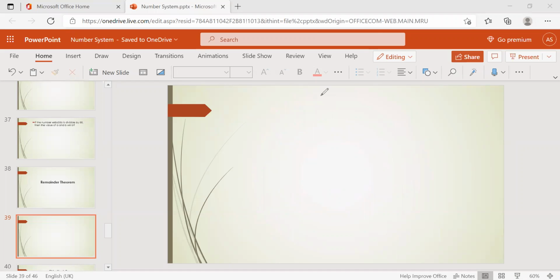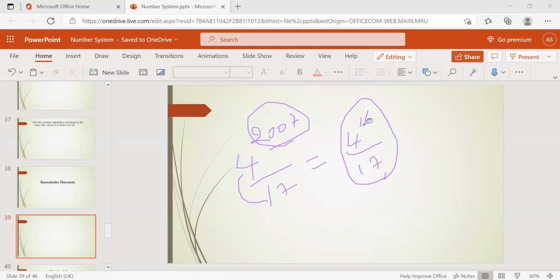In the same way, I'll give one more question: 4 power 2007 divided by 17. If they give it like this, how are we going to make this in the power of 16? These are prime and co-primes, and if we write it in the 16 form, then the remainder will be 1. So 16 power 125 into 4 power 7.